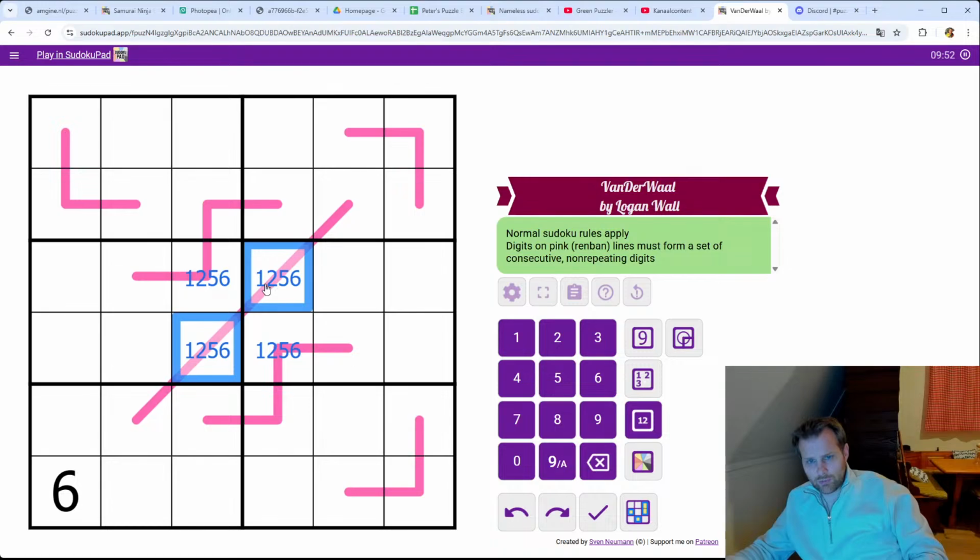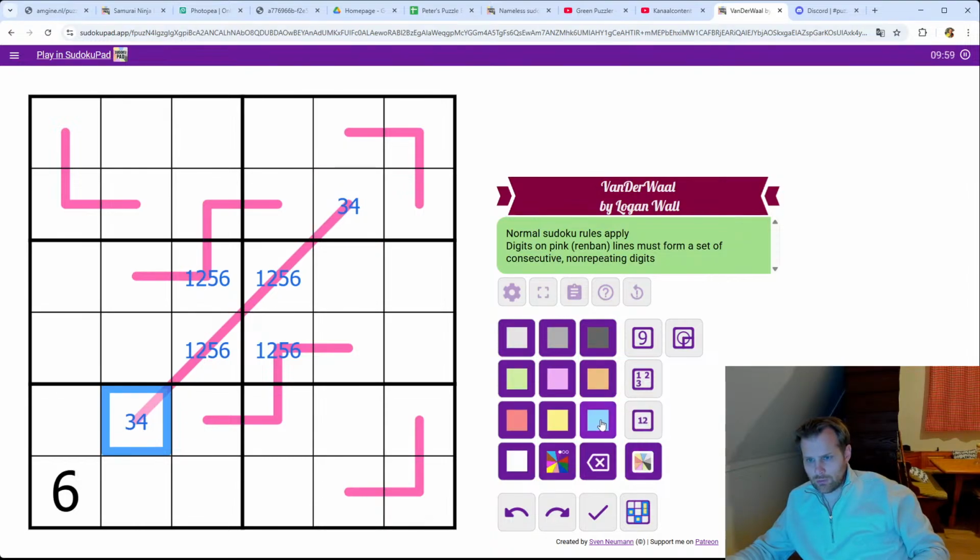This could be a 2, 5 and then, but that means, yeah, these are 3, 4. Let's color them. These could be 5, 6 or 1, 2 or 2, 5.